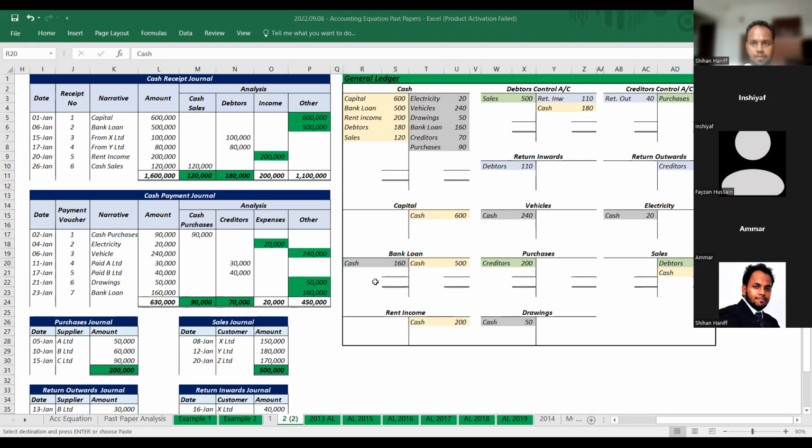Creditors 70. Purchases 90. When writing the description, you have to write the name of the opposite account.